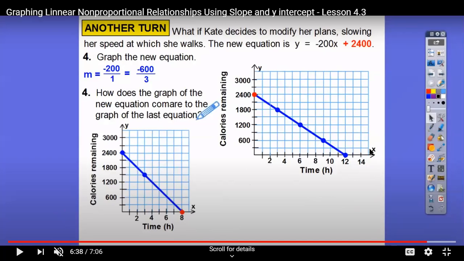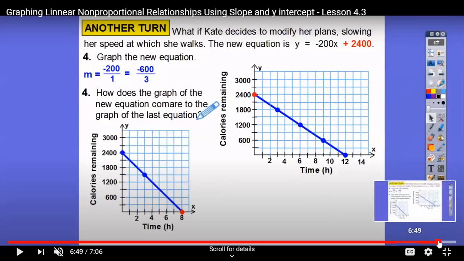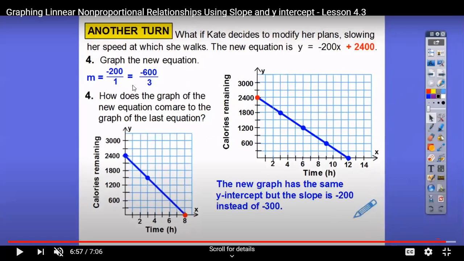In this lesson, we studied how to represent a non-proportional relationship graphically by using the slope and the y-intercept, and also how to compare two graphs. The new graph has the same y-intercept, but the slope is negative 200 instead of negative 300.